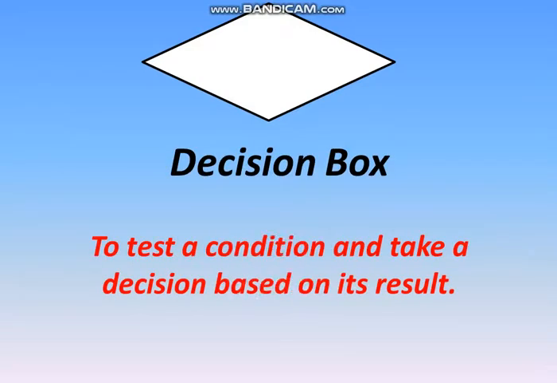After parallelogram we will see a diamond known as decision box. It is used to test a condition and take a decision based on its result. कभी भी ऐसा situation आए where there is two condition, either yes either no, है ना? For example, if you went to a shop and then you said to the shopkeeper that you want a cake.